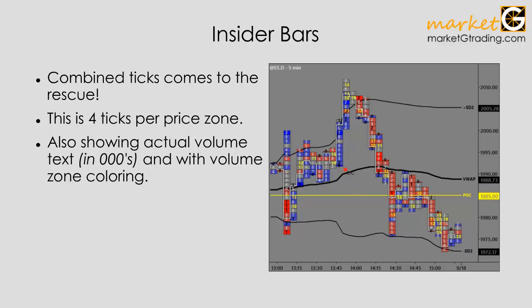There's a low volume zone, a mid zone, and a high zone. And the yellow here are the high volume zones. The gray are the mid zones, and you see a handful of low zones as well. And this makes it easy to see at a glance where the volume is trading in a price bar.